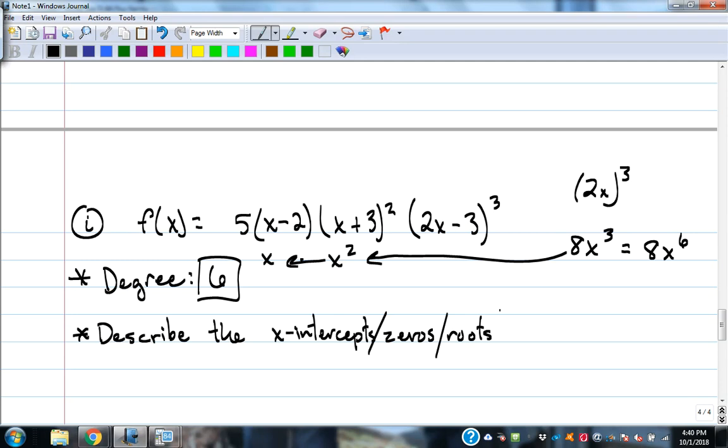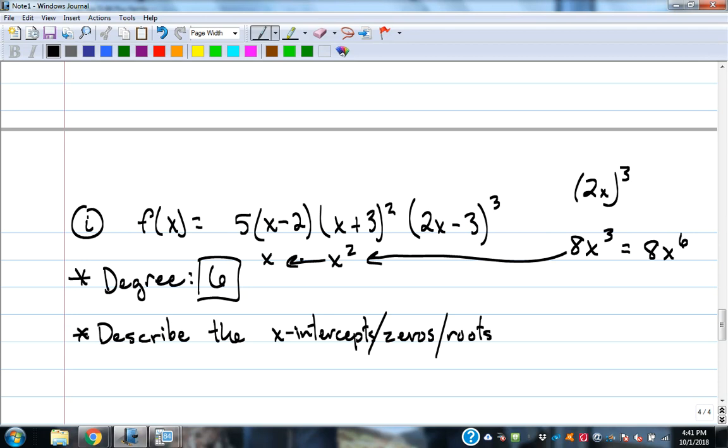X-intercepts, zeros, and roots all are synonyms. They mean the same thing. If you're an x-intercept, where are you at on the graph? Yeah, on the x-axis. That's exactly where you're at. So if we were to graph this polynomial, we would see its x-intercepts, its zeros, its roots. Those are all the same thing.